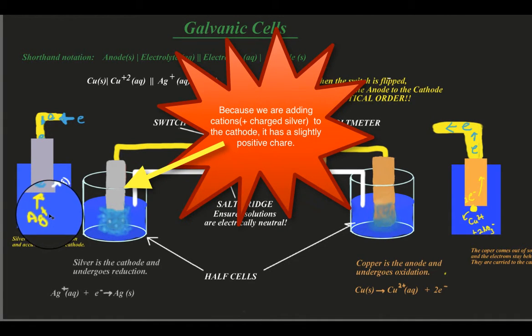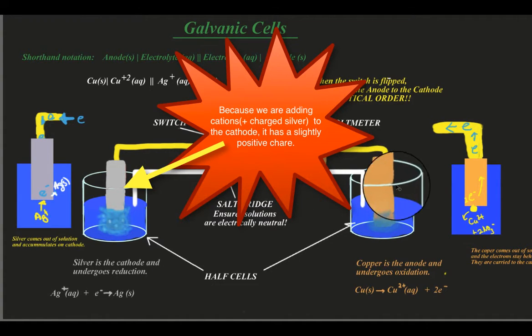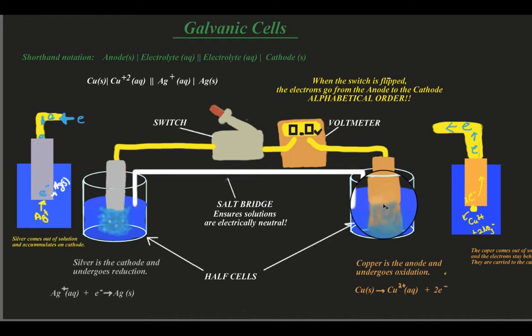So silver comes out of the solution, starts accumulating on the cathode bar, whereas the copper electrode, the anode, is undergoing oxidation and losing mass into the solution.